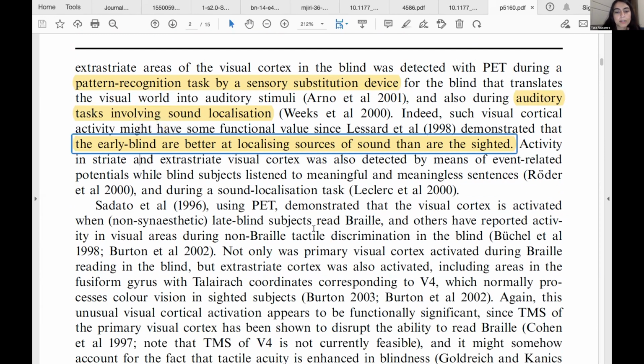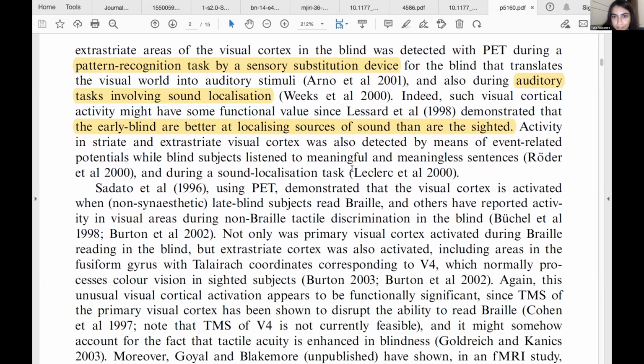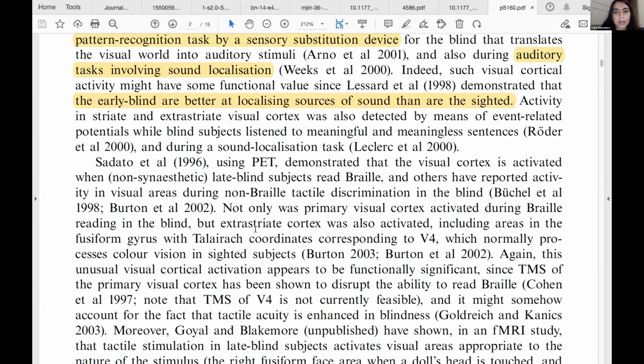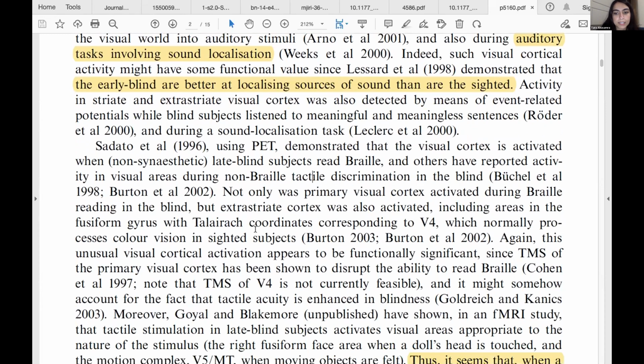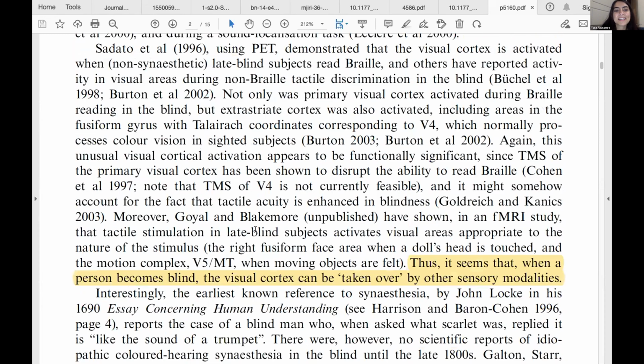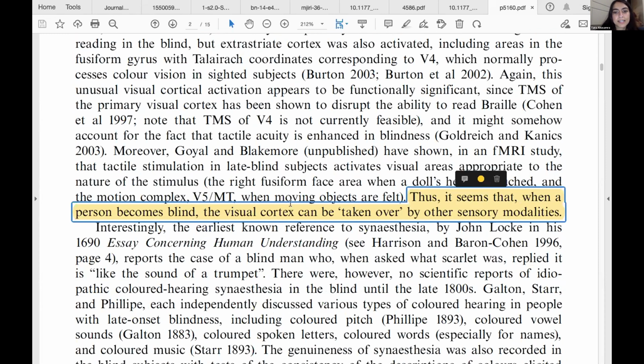This indicates a possibility that when a person becomes blind, the visual cortex can be taken over by other sensory modalities.